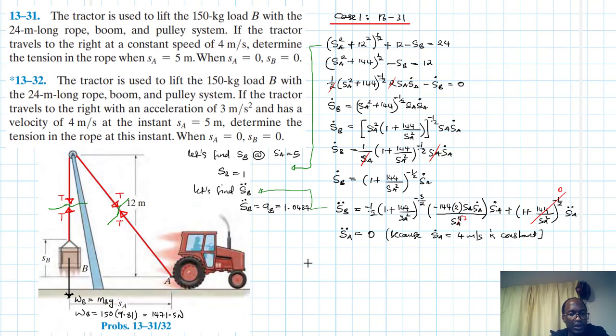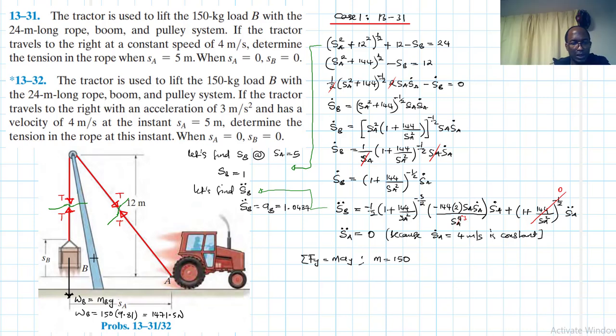So applying the equation of motion in the vertical direction, summation of forces in y equal to MAY, where our M is just equal to 150. Then what do we have? So again, let's say this acceleration is moving up.